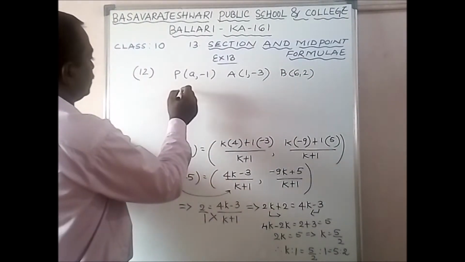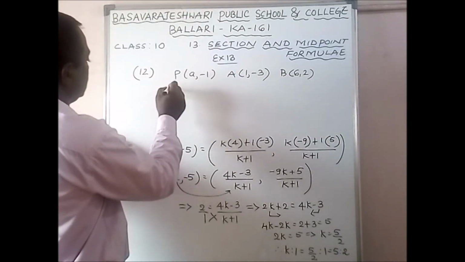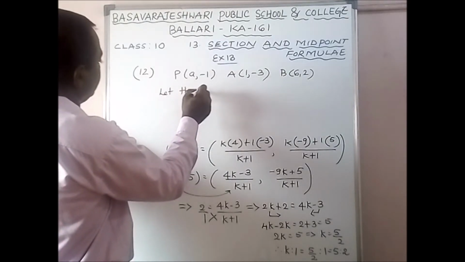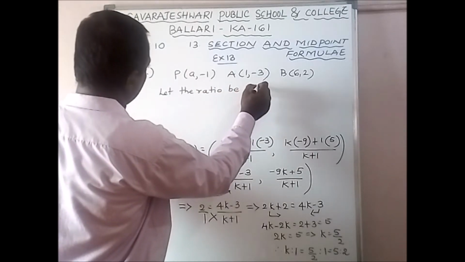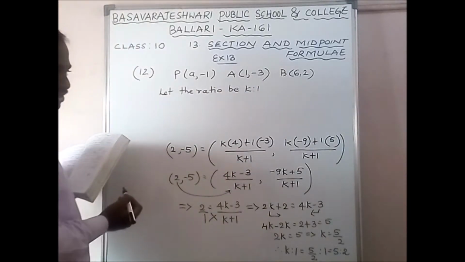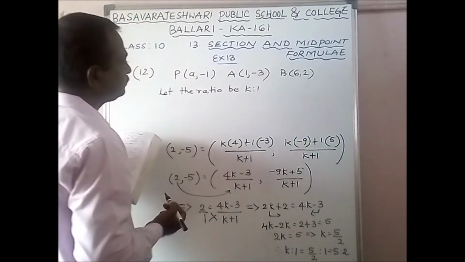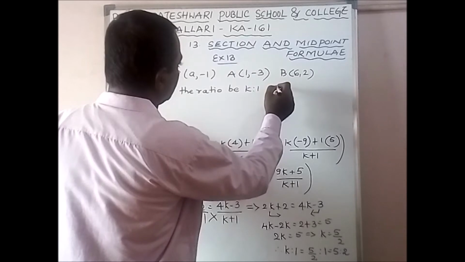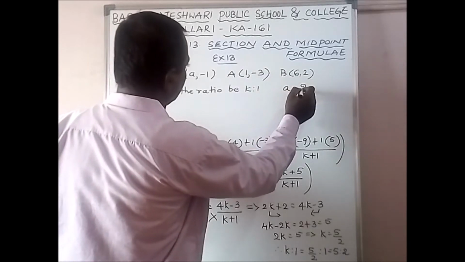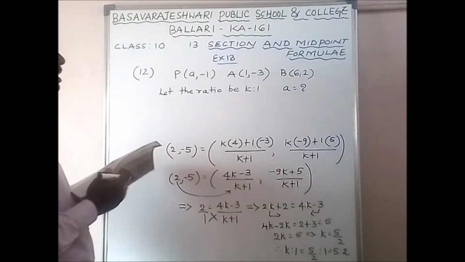So they have to find the ratio. Let the ratio be the same as the previous step, k is to 1, or m is to n also you can take, no problem. And also we have to find what a is.